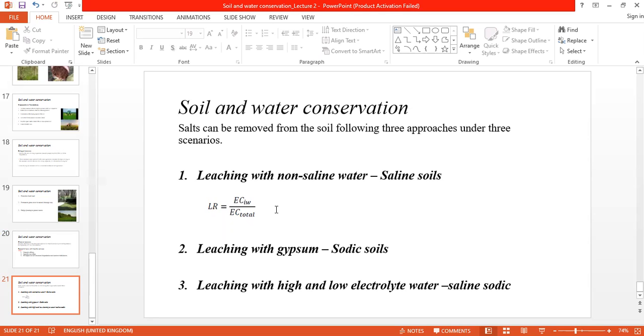So in short, you're going to have 15 units of irrigation, so that that 5 will be used to leach out the salts.